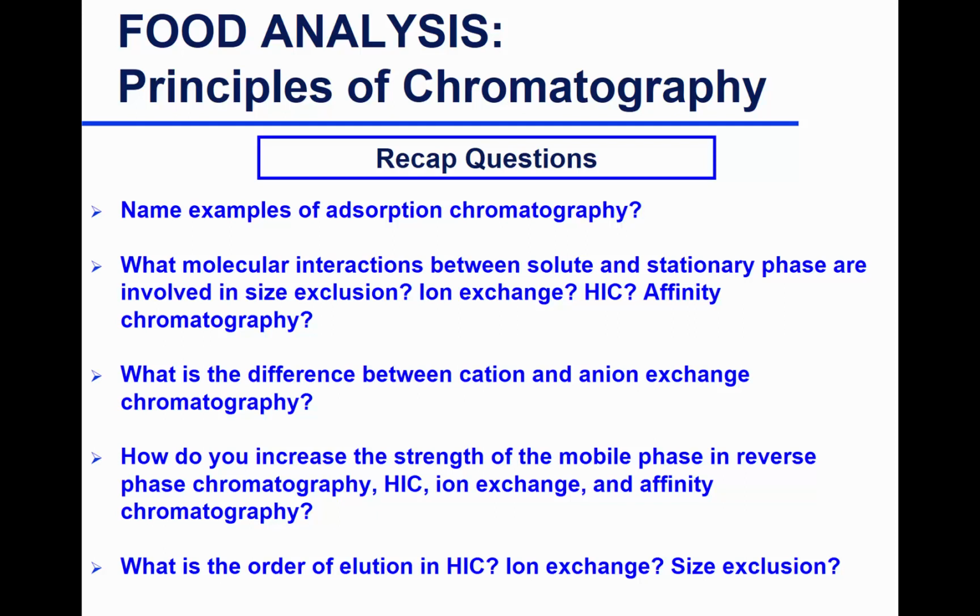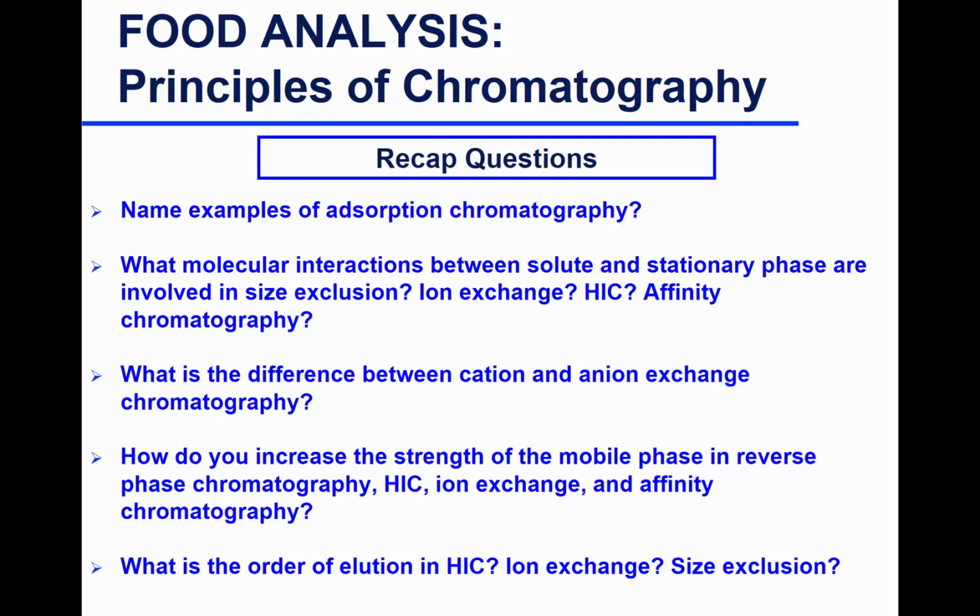Now, we want to remove them from the column. What do I do to the mobile phase? Started with high salt concentration, protein precipitated on the column. Now I want them to come out. What do I do with my mobile phase? I decrease the concentration of the salt. I make the mobile phase stronger that way.